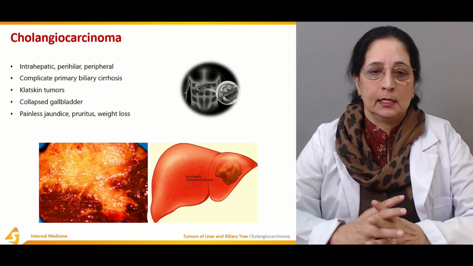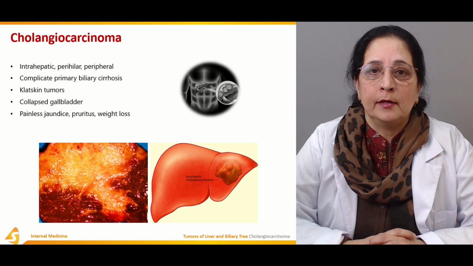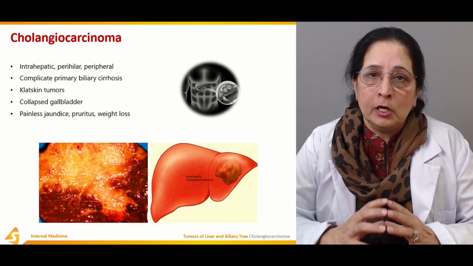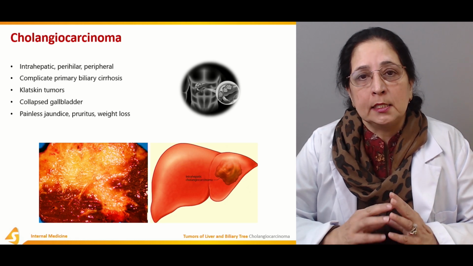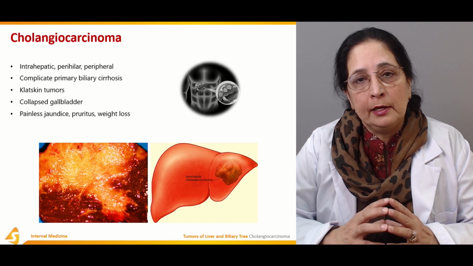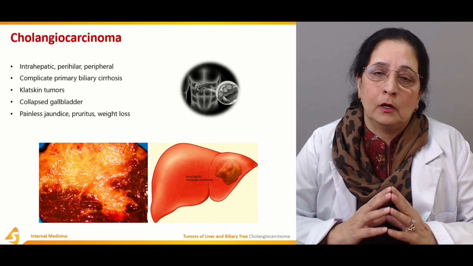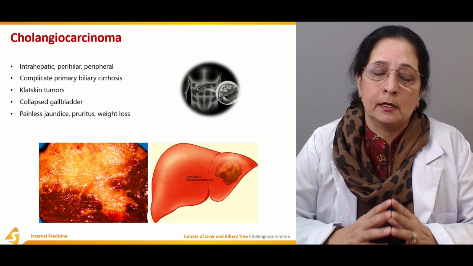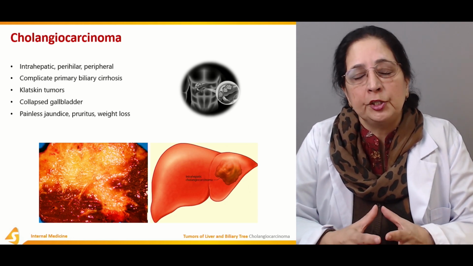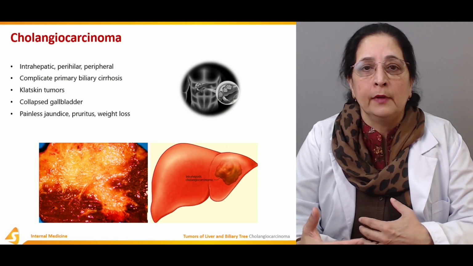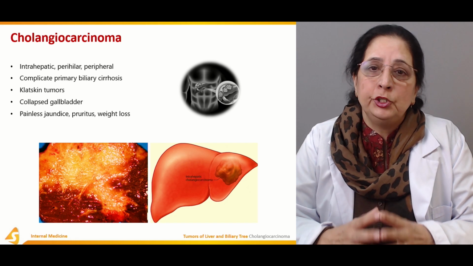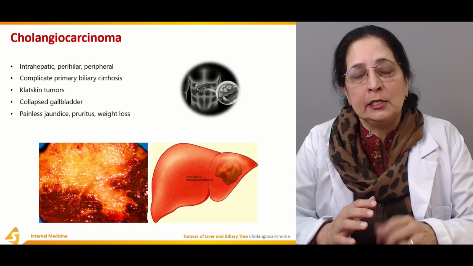Painless jaundice, pruritus, and weight loss are also present. The jaundice and itching, pruritus, are very significant of a biliary tree disorder. Whenever there is jaundice, which is the yellowish discoloration of the skin because of increased level of bilirubin in the body, it is very commonly associated.